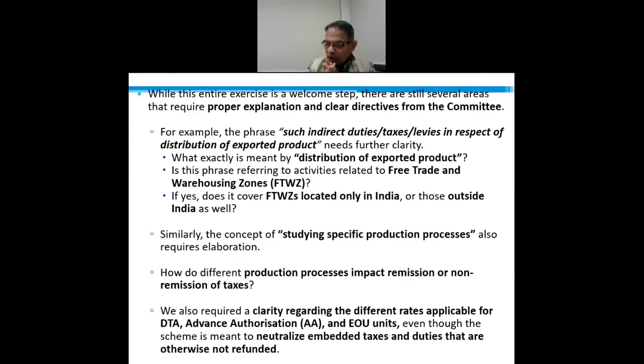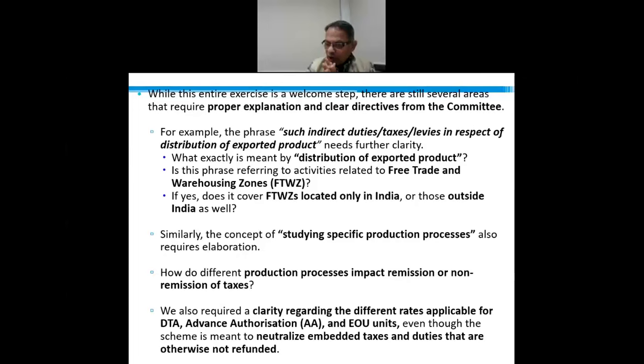Now, this might be a case where you want to reduce the standard input output norms given in the policy because of development of technology, and therefore total material cost goes down and therefore your transportation cost goes down to some extent. The question is how serious is the effort? How much will it impact in terms of the rates?